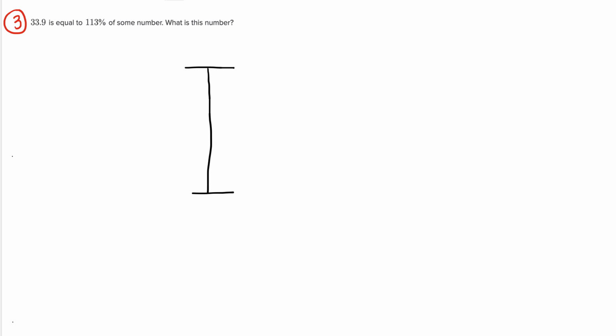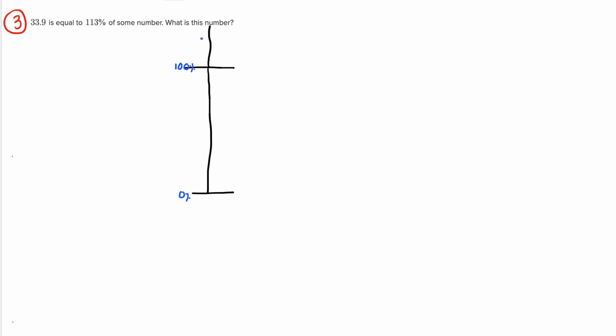I'm going to put here 0%. Here's 100%. But what happens? I have 113%, which means that this 33.9 is more than the whole. How do I know that? Because this number line continues to go up.